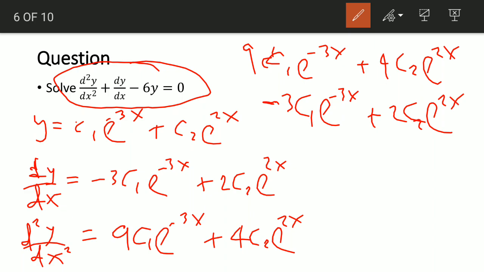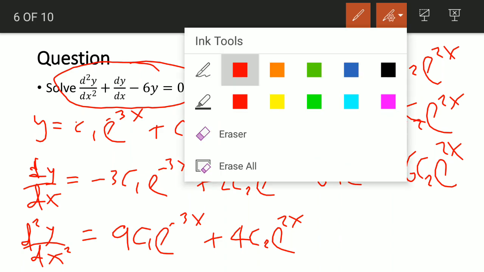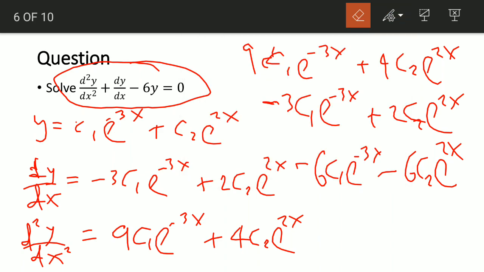Now minus 6 times y is going to be minus 6c1 exponential minus 3x, then minus 6c2 exponential 2x. So I want to believe you get that. Let me rub this off so that it can be a little clearer.